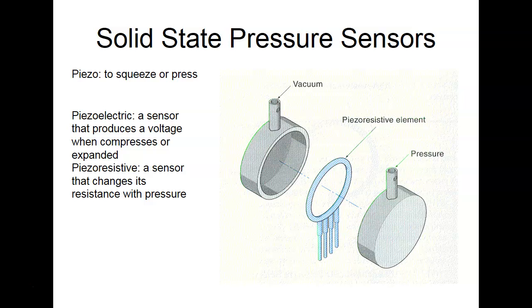Now, the difference between a piezoelectric and a piezo-resistive: a piezoelectric only detects when a pressure changes. A piezo-resistive would actually change its resistance with the pressure. Everybody understand that?